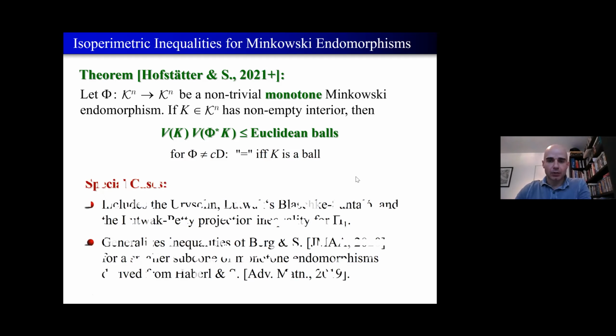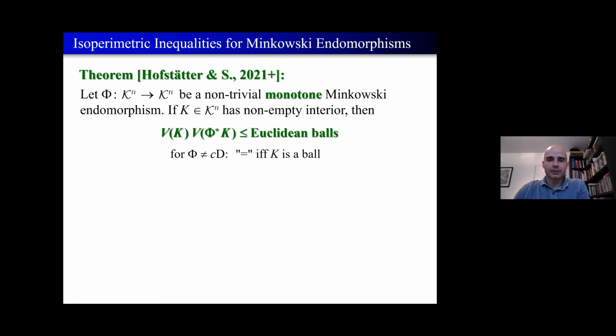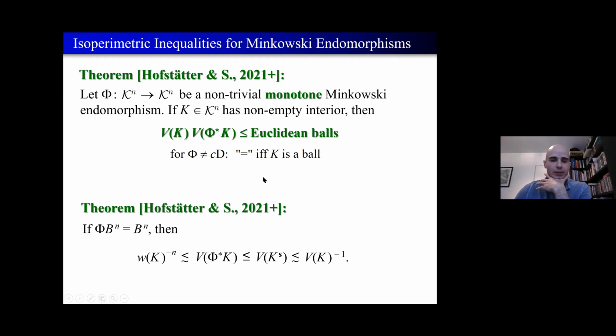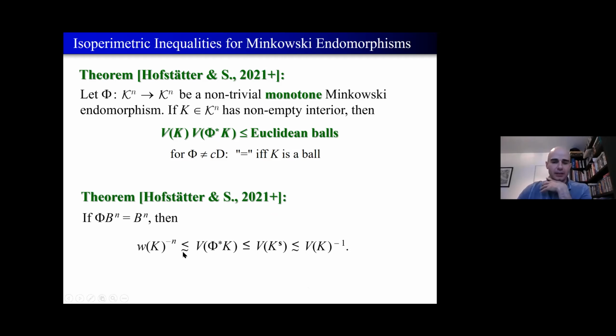Okay, so we have seen that the Blaschke-Santaló inequality, the classical one, is stronger than the Urysohn inequality. And we see something similar here. The Urysohn inequality is a special case here, and in fact, we showed that, in a sense, the Urysohn inequality is the weakest one among them.